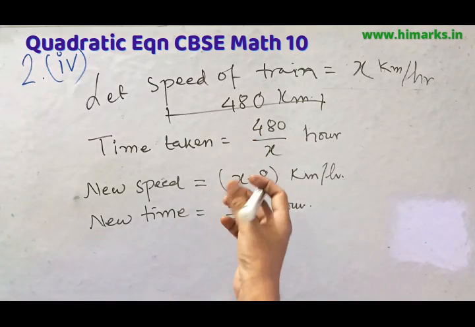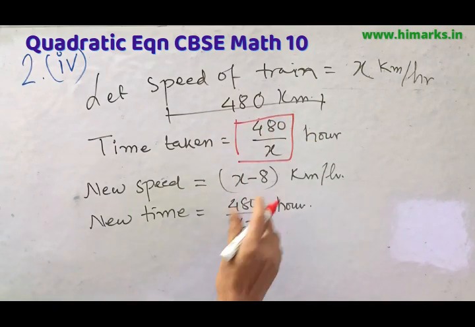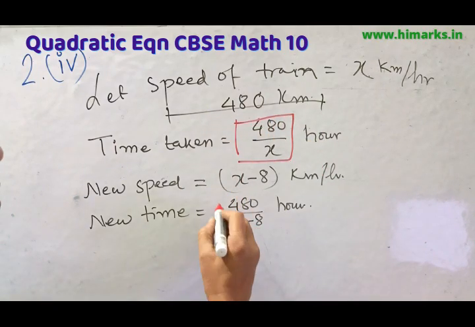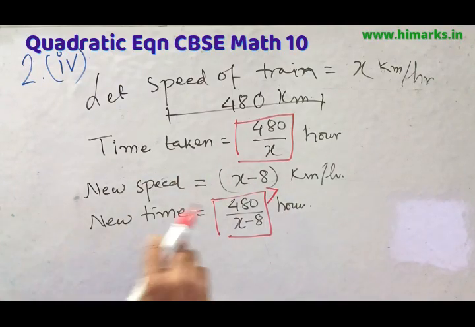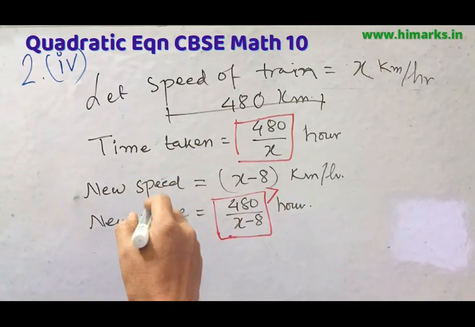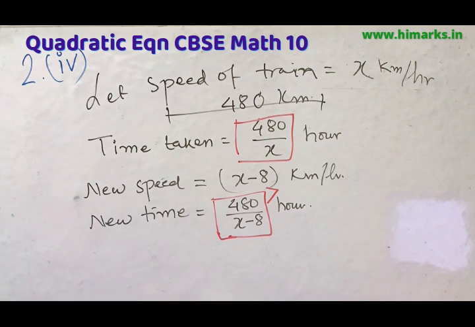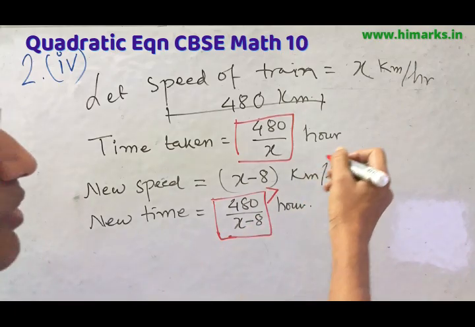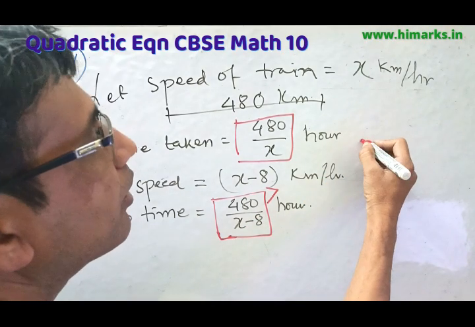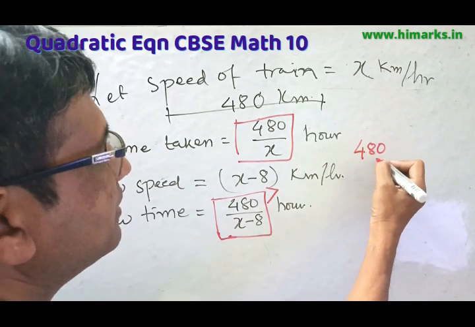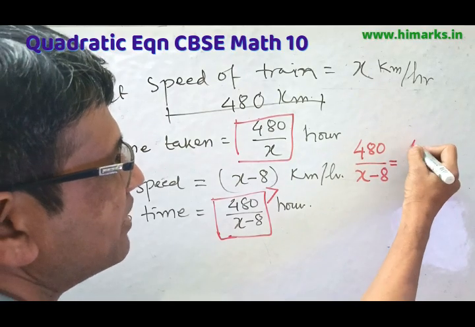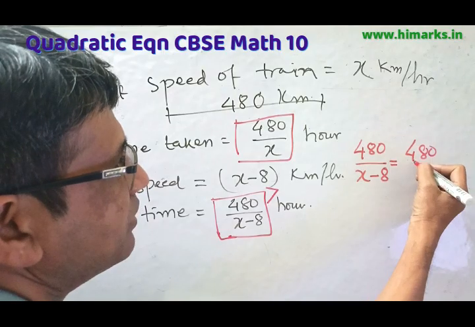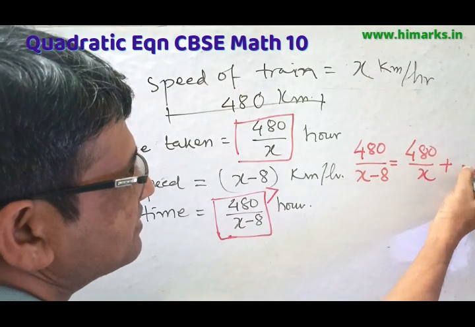So the first time was 480 by x. Now the speed has decreased, so this is a bigger time. It has taken 3 hours more. That is why this is mentioned. So that means the relation will be 480 by x minus 8 equal to the previous time, 480 by x, plus 3.